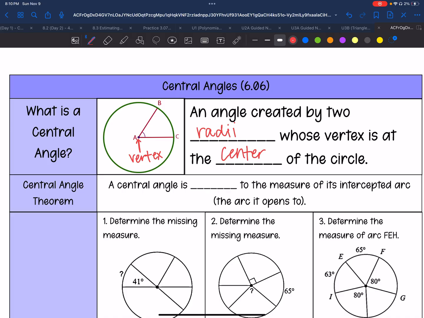All right, and a central angle is equal to the measure of its intercepted arc, which remember is the arc that it opens up to.